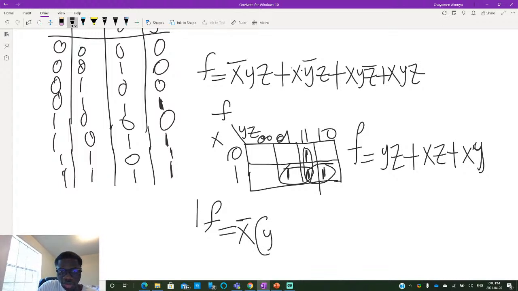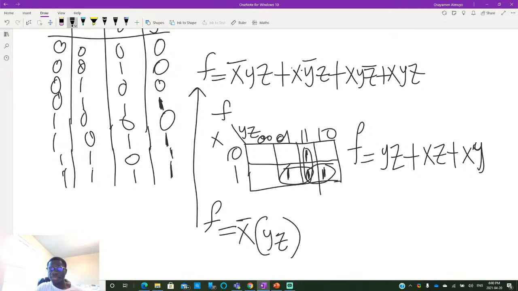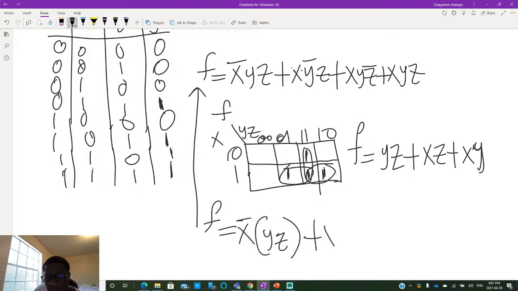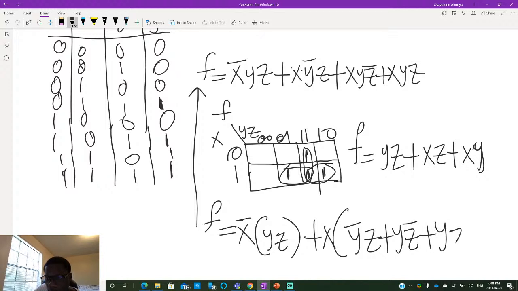This is going back to the original function. So I'm just going to pick x as our select line, right? So we have that, and y bar z or yz bar or yz, if I'm not mistaken.